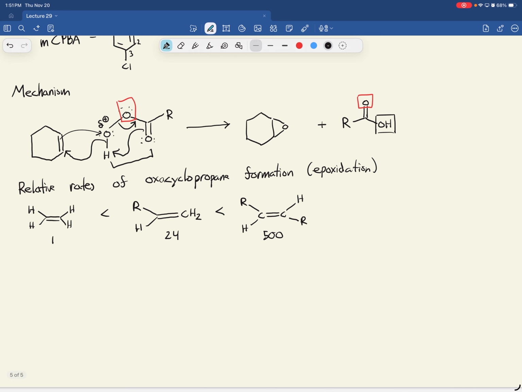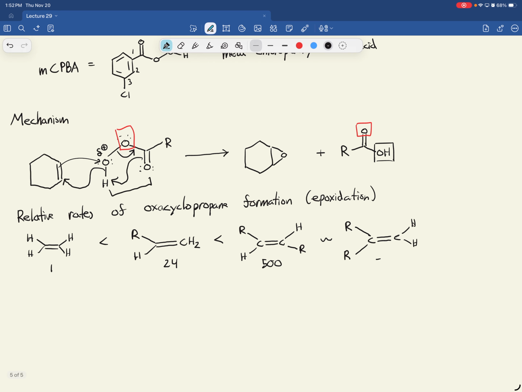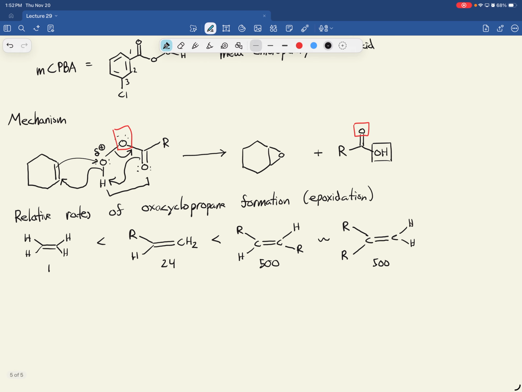And then this is kind of similar to the case when they're bonded on the same carbon atom. In my notes, I don't really have an example where it's cis, but I think it's relatively the same as this one. So 500.